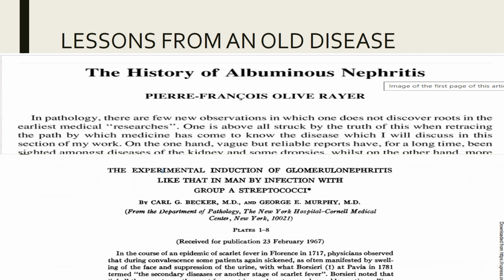So the first paper that is shown, the history of albuminous nephritis, was actually authored in the middle of the 19th century. Very interesting paper. Intriguing, a bit long, but essentially it's a review of how people began to associate the presence of edema with renal disease.